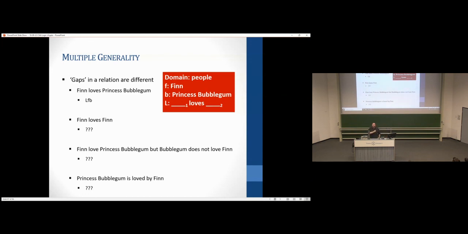Make sense? So how would we do Finn loves Finn? LFF. How would we do Finn loves Princess Bubblegum, but Bubblegum doesn't love Finn?